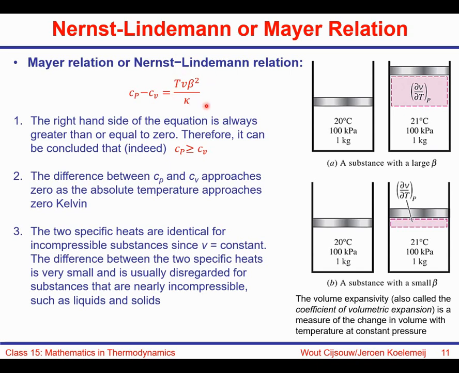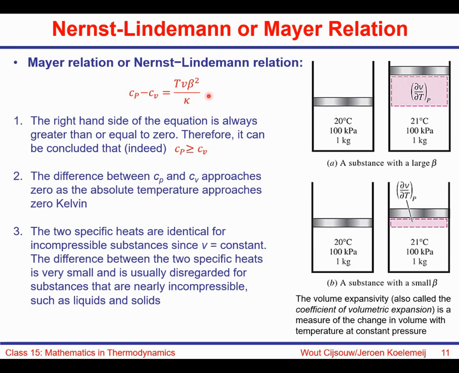Now, in the extreme limit of an incompressible thing, kappa goes to 0, but beta also goes to 0, and it goes to 0 basically twice as fast, because it's a square of something that becomes very small. So this guy wins over this one, which tends to blow up this fraction.